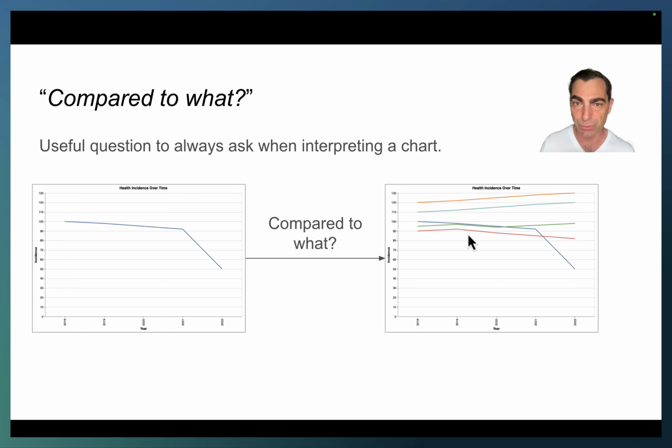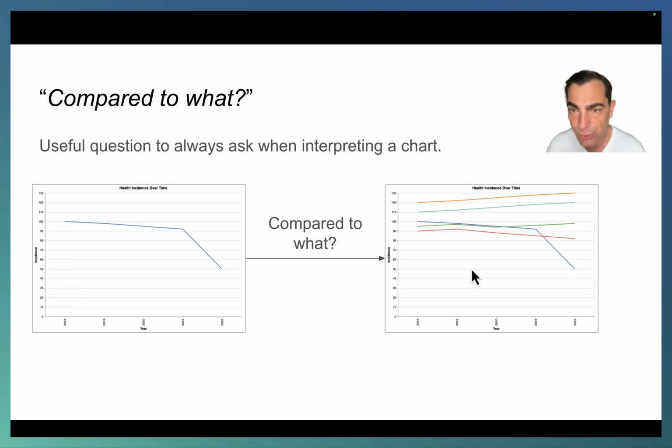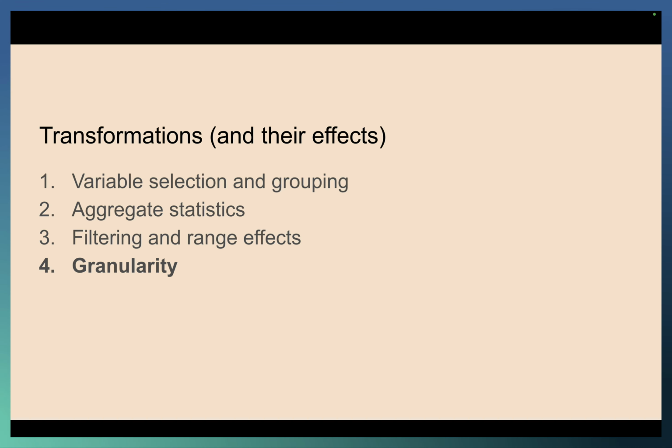As soon as I put more objects to compare the medical intervention, we see that through the comparison, the message loses its strength. Okay. So general rule of thumb: always ask, compare to what.